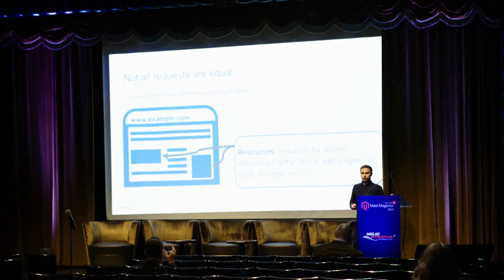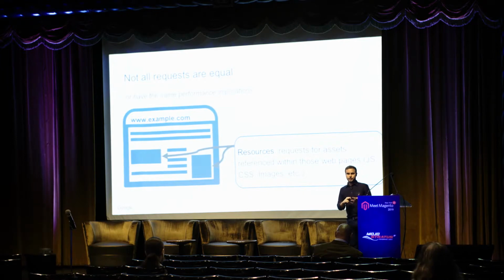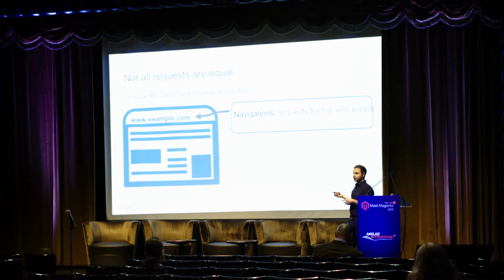So far, we talked mostly about one type of request, which is resource requests. This is JavaScript, CSS, images. We talked about icons. But there's another type of request in every website. These are navigation requests, which are basically requests for full web pages.